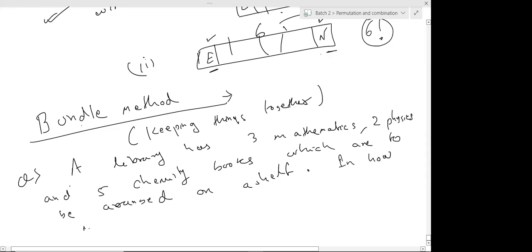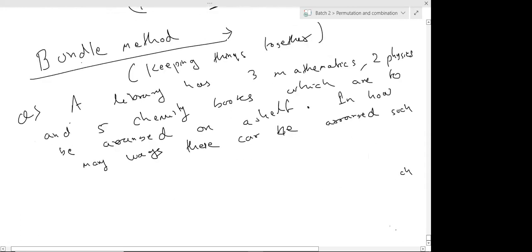In how many ways can these be arranged such that all books of the same subject are together.